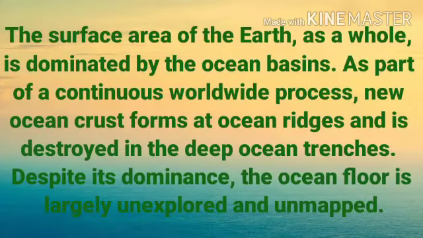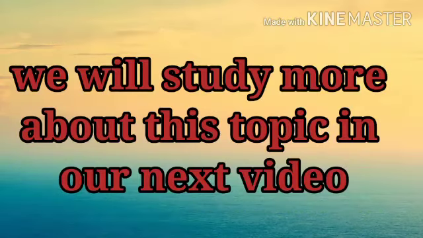New ocean crust forms at the ocean ridge and is destroyed in the deep ocean trenches. Despite its dominance, the ocean floor is largely unexplored and unmapped. So, how the ocean floor is configured, we will know in our next video.